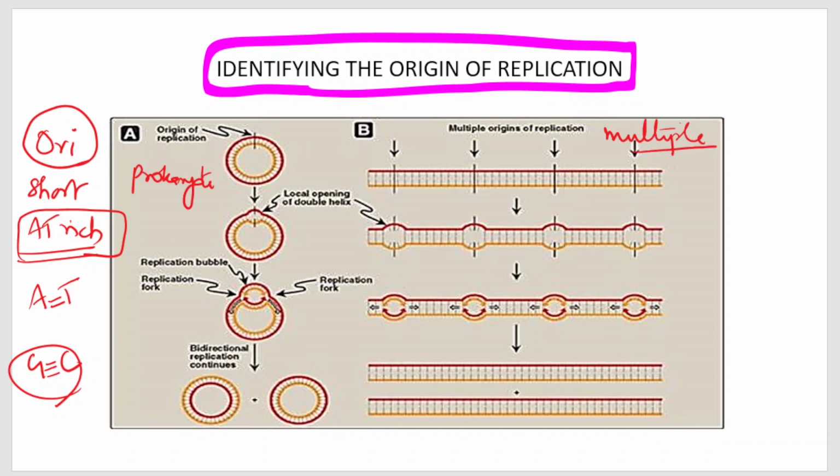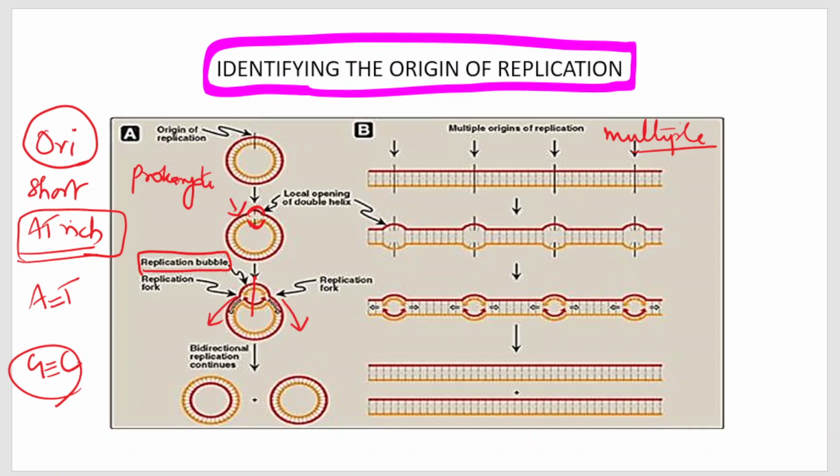As you find the origin of replication, initially the unwinding of that area happens, and as it unwinds, it looks like a bubble. So this is nothing but the formation of the replication bubble. As this happens, DNA synthesis can take place in both directions. Since it is a prokaryote, there is a circular DNA, so the whole of the circular DNA has to be replicated.